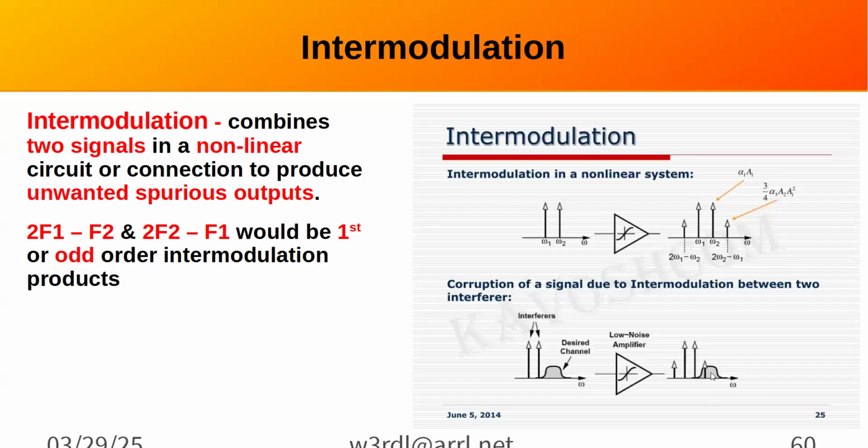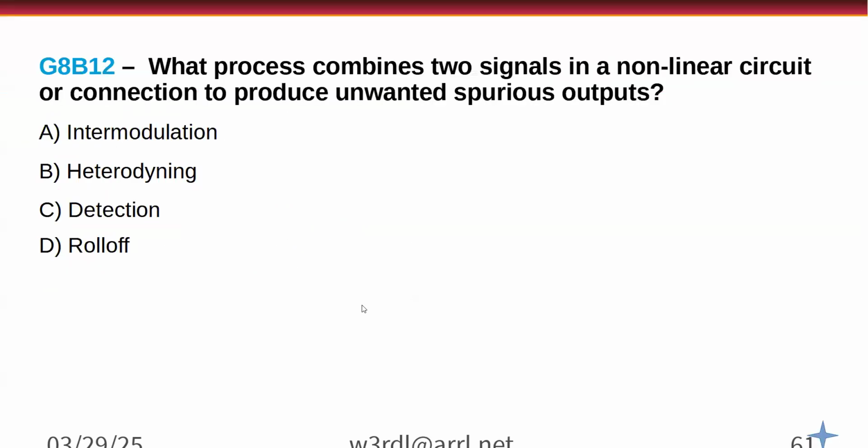This is what the graph is showing, where your desired channel is over here and you get these two interfering signals. If something is there to mix them, then you can get one of these products over here where you don't want it. It's not unusual for that to happen with a repeater if you've got a rusty bolt, a bad connection, something like that close by.